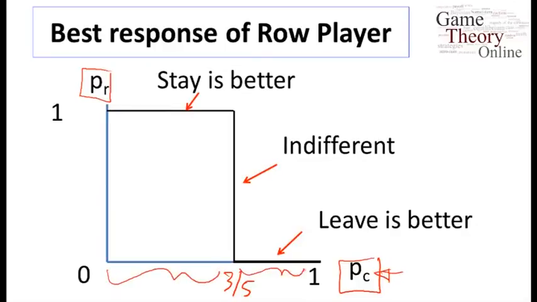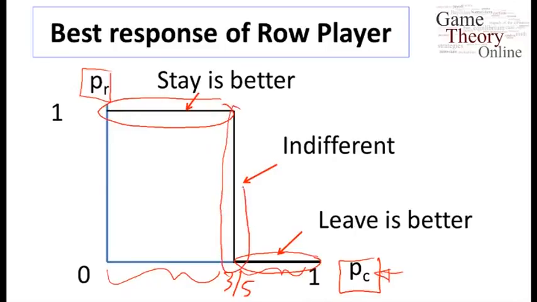It's 0 when PC is bigger than 3/5, so they'd like to leave in this case, and stay in the cases where we're less than 3/5. And they're exactly indifferent, willing to play anything, any mixture, when the column player stays with exactly probability 3/5.